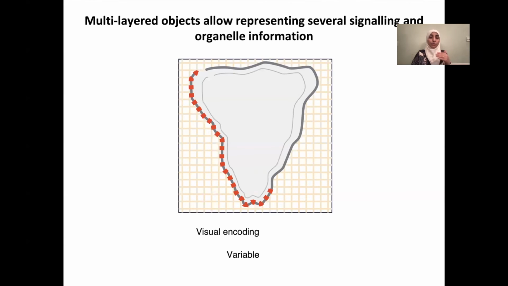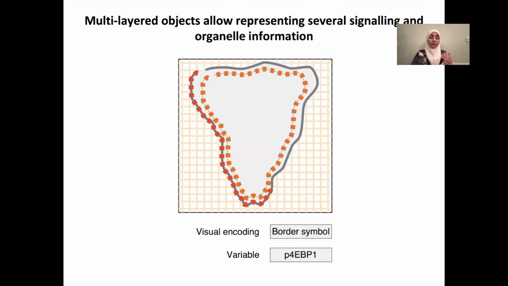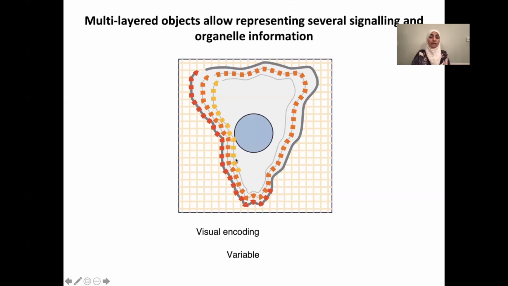And by layering more objects, I represented additional proteins. Here, I'm representing different proteins in the mTOR signaling pathway. Then I added a circle for the nucleus, with the color representing the level of YAP transcription factor.